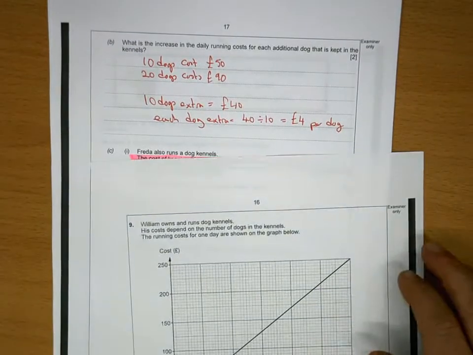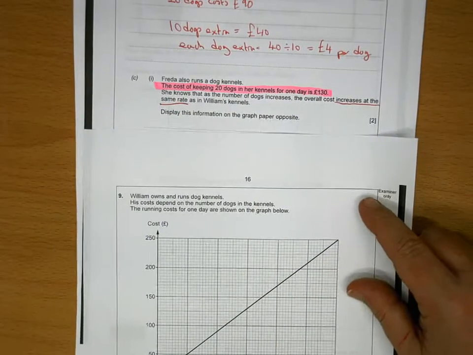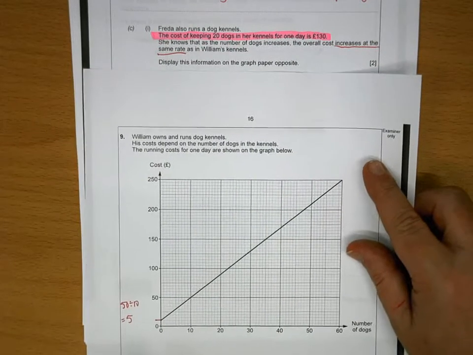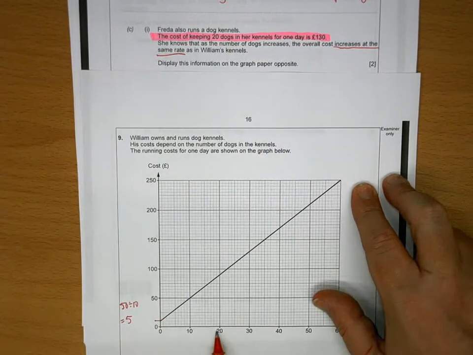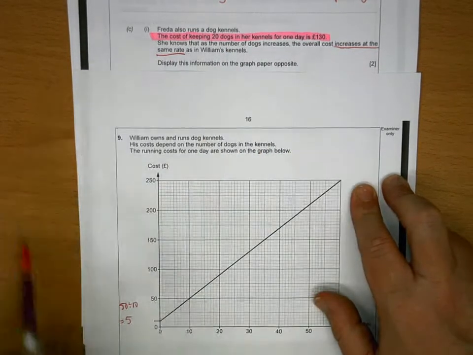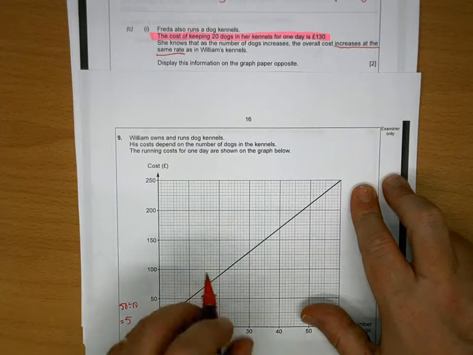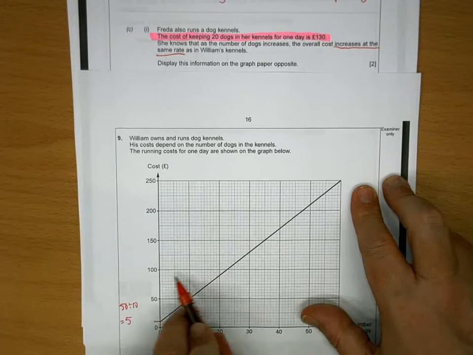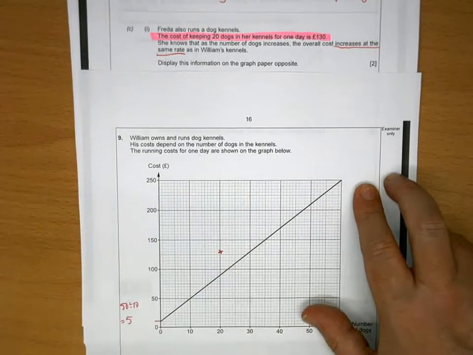So we've got to go back to my graph paper now. And this is telling me that 20 dogs in her kennels costs £130. So 20 dogs, 130, that's going to be 125, halfway between 100 and 150, so an extra 5 on top of that.